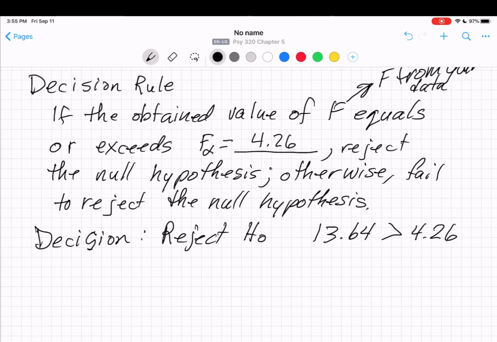If you look at our rule, it says that if our F value, which is 13.64, equals or exceeds 4.26, the critical value, we're going to reject the null hypothesis. So that's what happened. Our 13.64 is definitely bigger than 4.26, so we're going to reject the null hypothesis. Then we're going to write our conclusion.